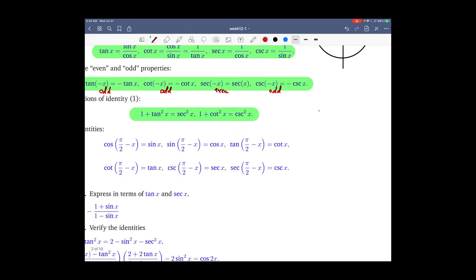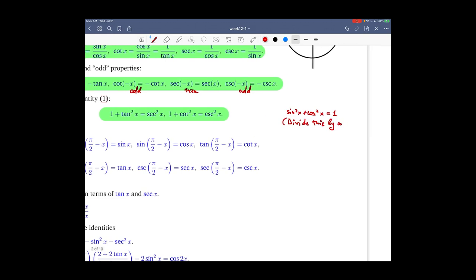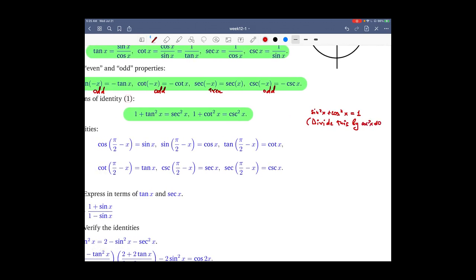If we take the main identity, sine squared plus cosine squared equals 1, and divide this by cosine squared, assuming it's not 0, we will get sine squared over cosine squared is tangent squared, cosine squared over cosine squared is 1, and 1 over cosine squared is by definition secant squared. That is how you get this identity.